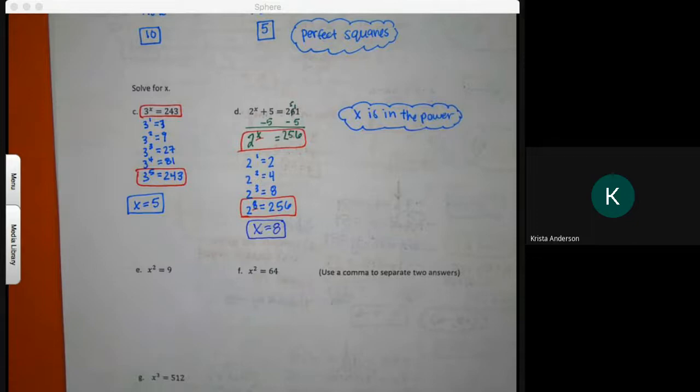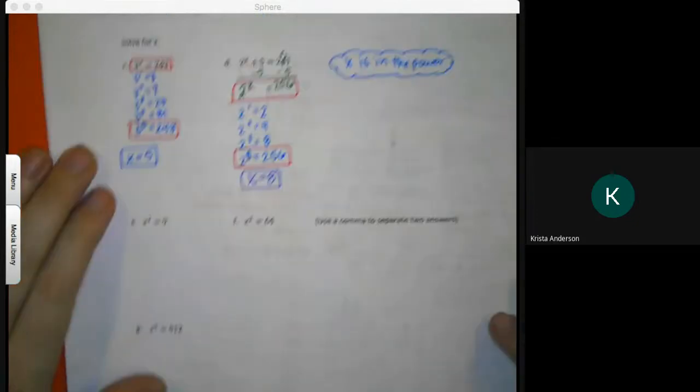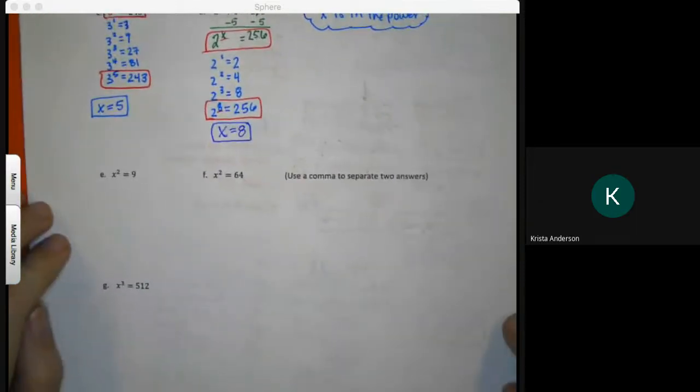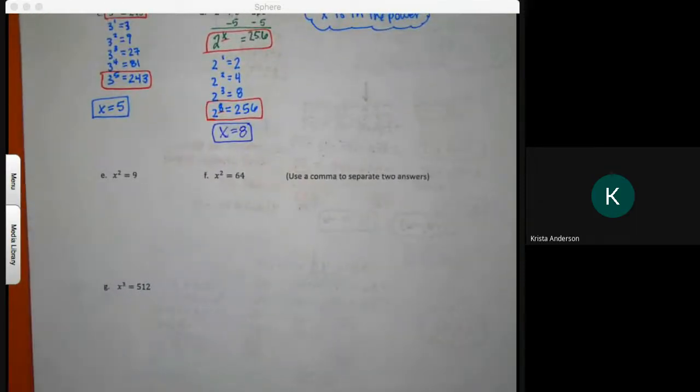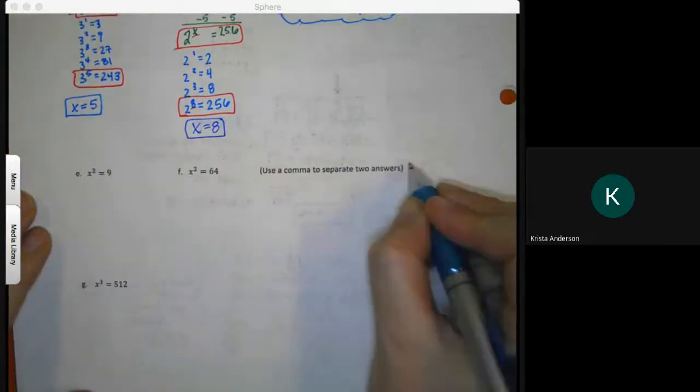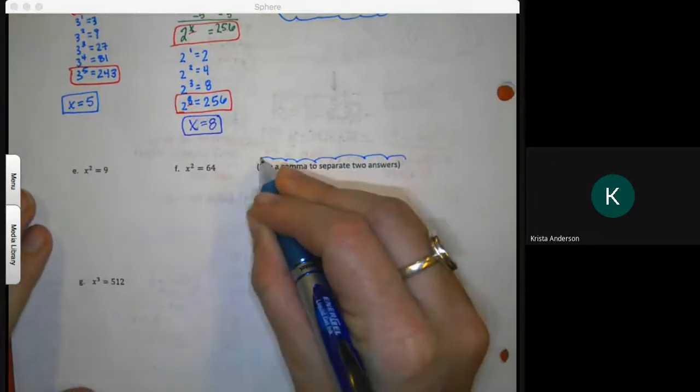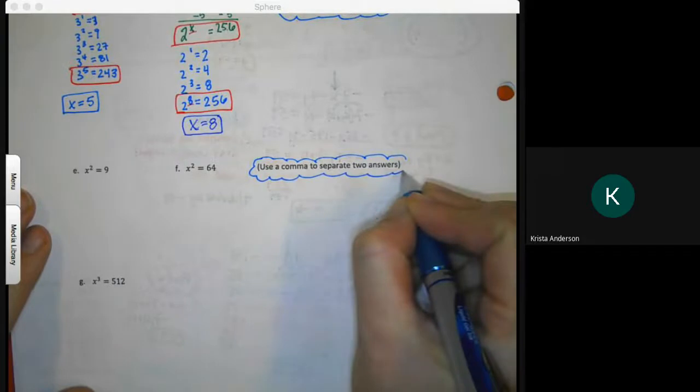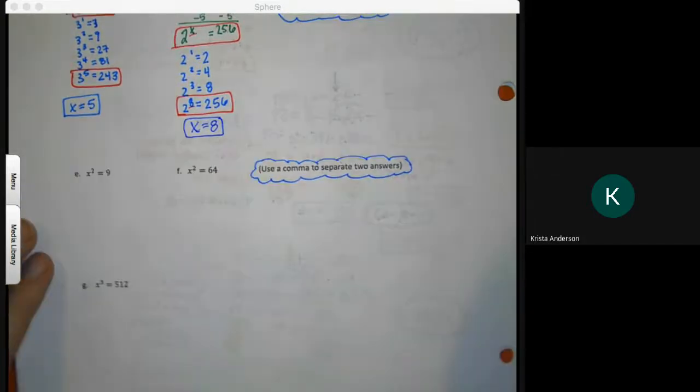Any questions when x is in the power? No? All right, E and F. There is a little side note to use a comma to separate two answers. I need to be careful on these.